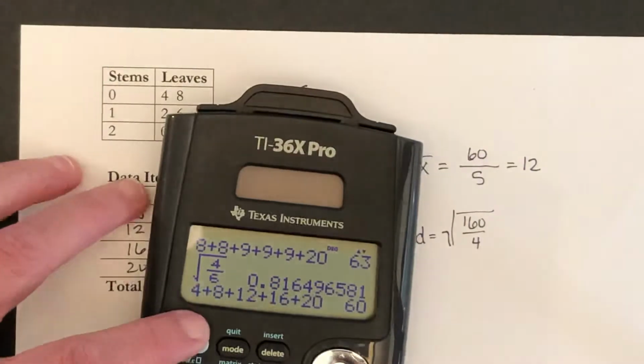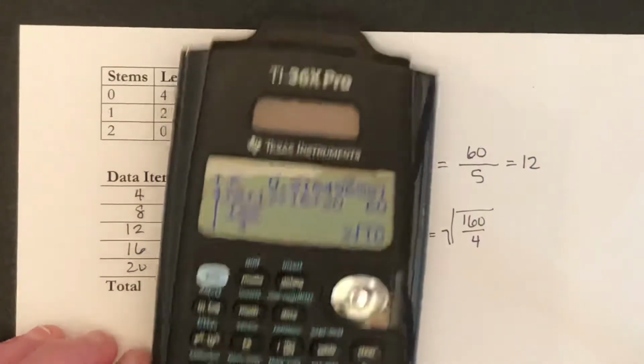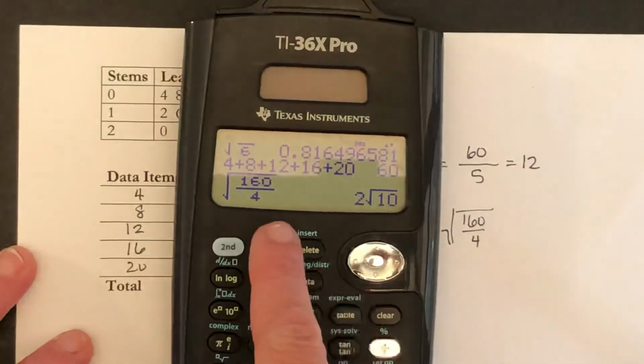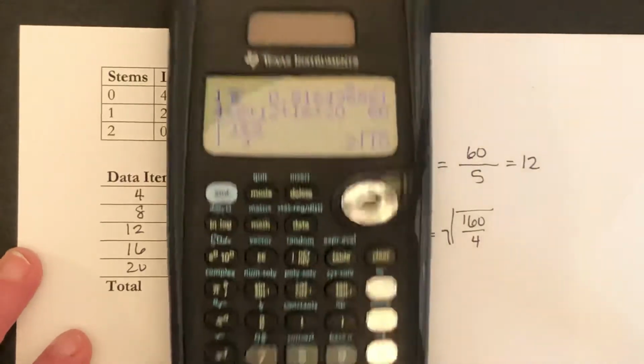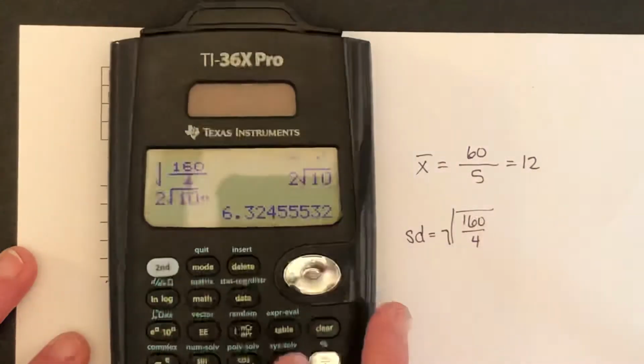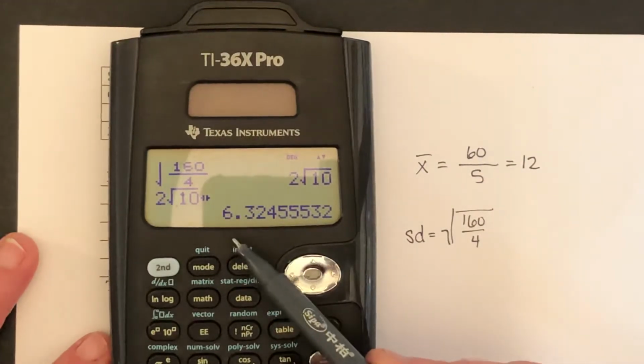All right, this simplified the square root for me, and if you are using a calculator like this and you need an approximation, you hit this button right here. It's like a double arrow, and it will convert it to a decimal for you. So this standard deviation is approximately 6.32.